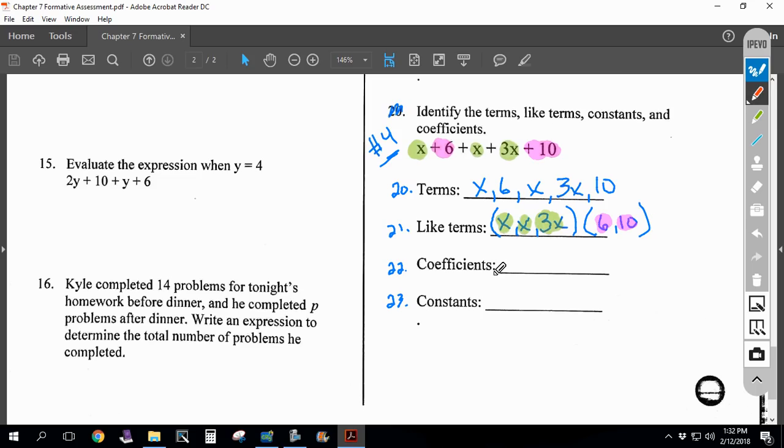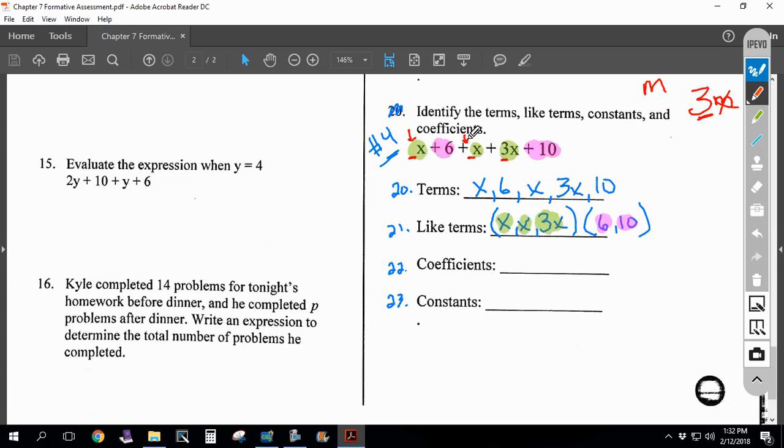Now we'll go to coefficients. I was getting some questions on the test about coefficients. Now remember, a coefficient is the number in front of a variable. So if I had 3m, 3 is a coefficient, which is all good. I would not include m in my coefficient list, though. Okay, so it's just the number in front. The problem comes when it's just m or it's just x, because technically, at least it appears, there isn't a number in front of there.